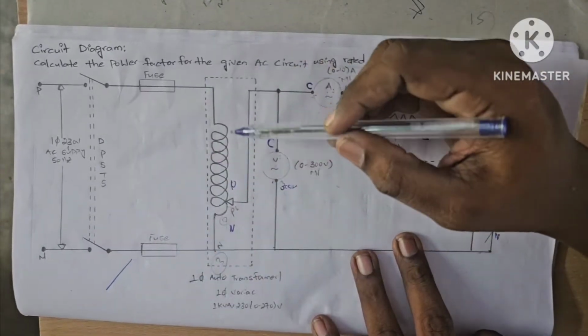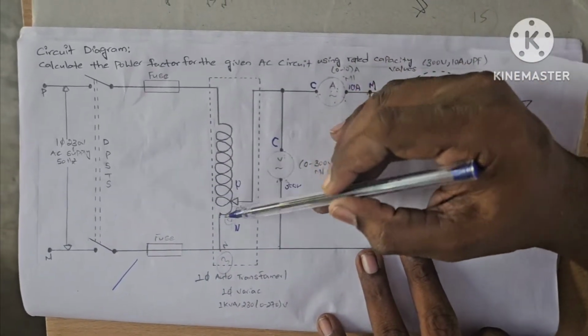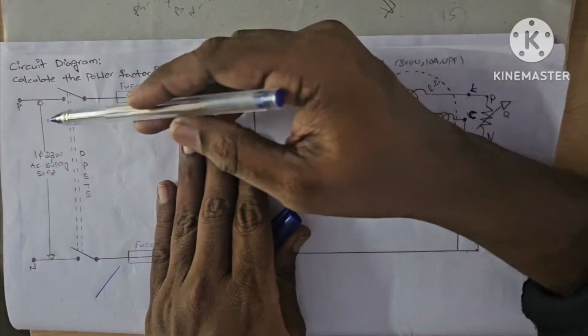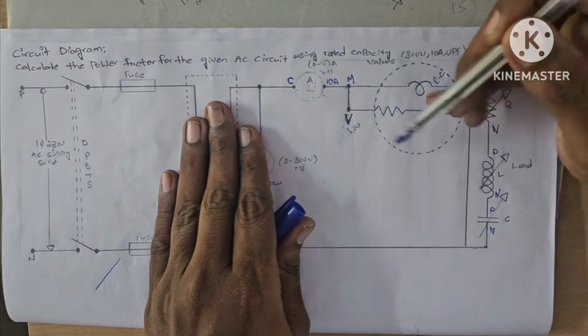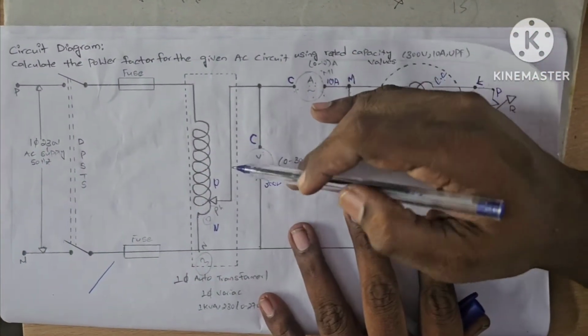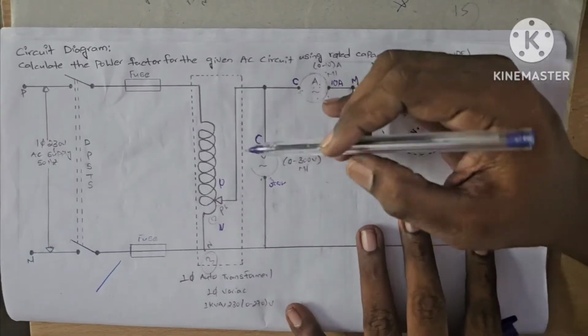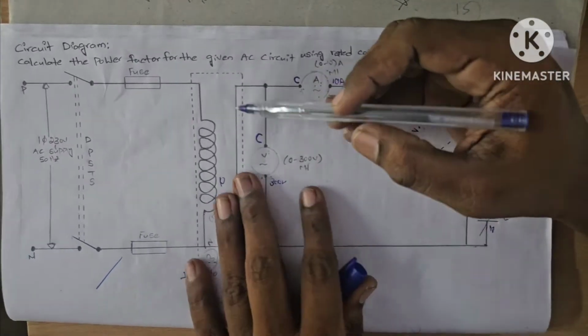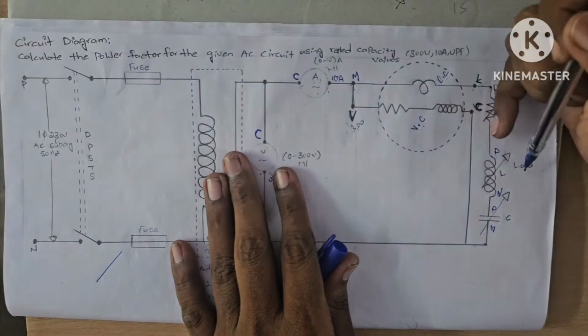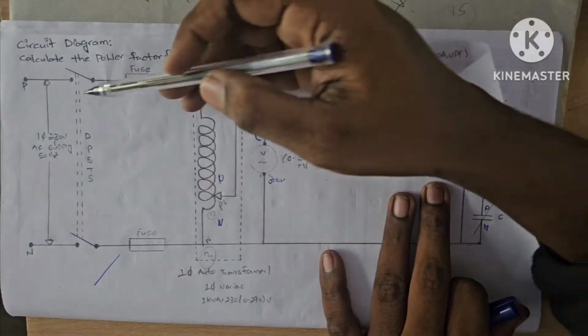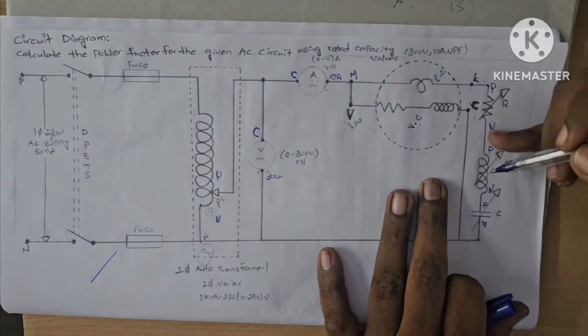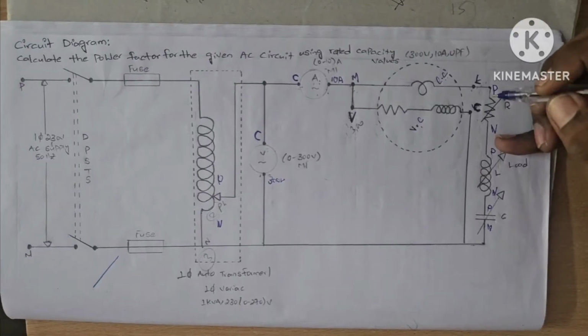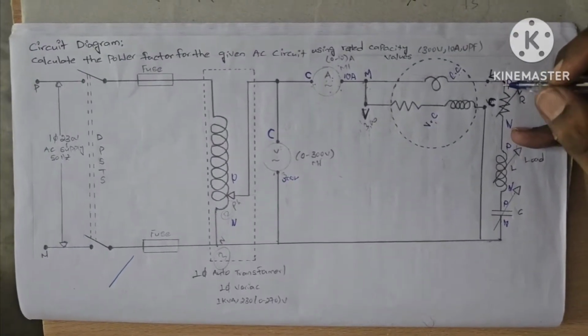Now you may ask, sir, why do we need this auto transformer? Why can't we give the 230 volts directly to my load? Why are we introducing an auto transformer in between? I'll tell you why. You can also connect directly to the load without this auto transformer, but the problem is that if we give the full 230 volts to the load, it may sometimes lead to a larger current.